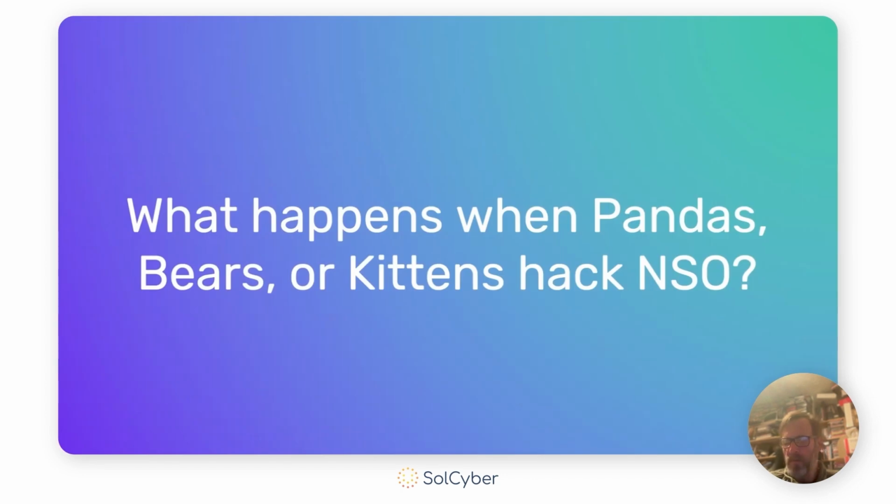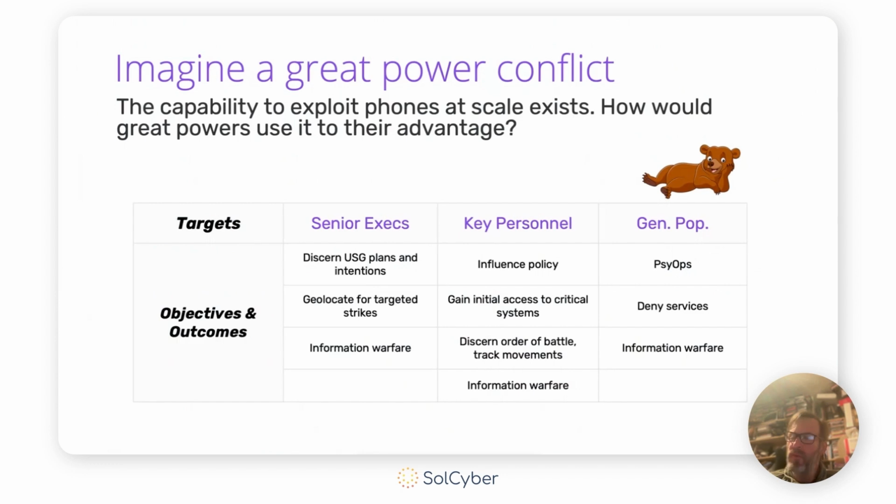And one of the things we always talk about is, what would happen if somebody did successfully hack NSO? If that source code was leaked, it would give the exploit chain and the payload to a nation state to do with as they will.